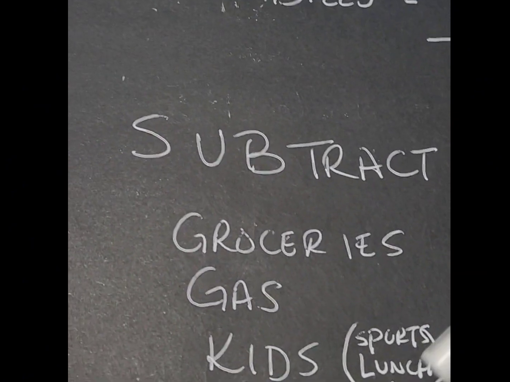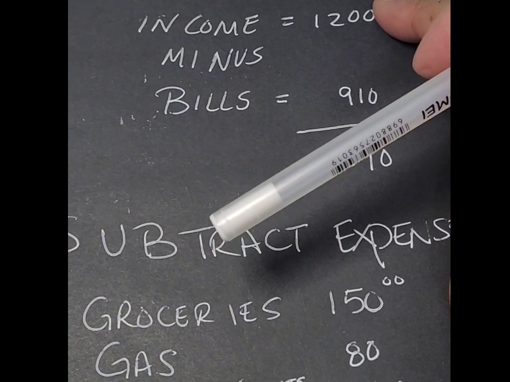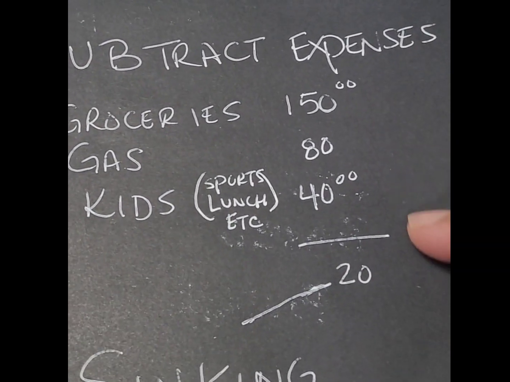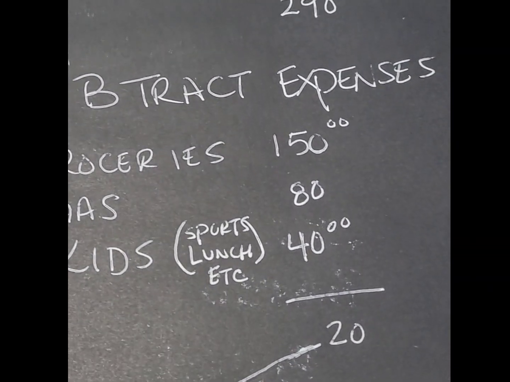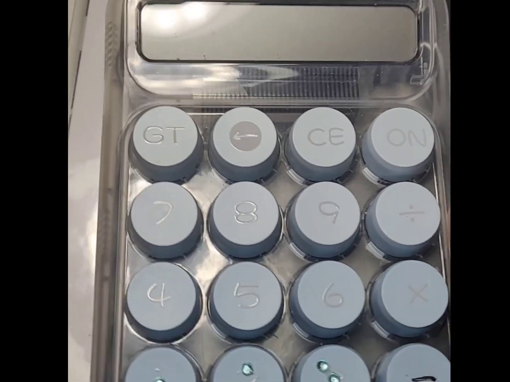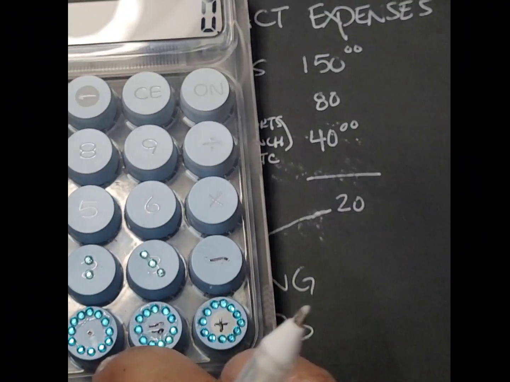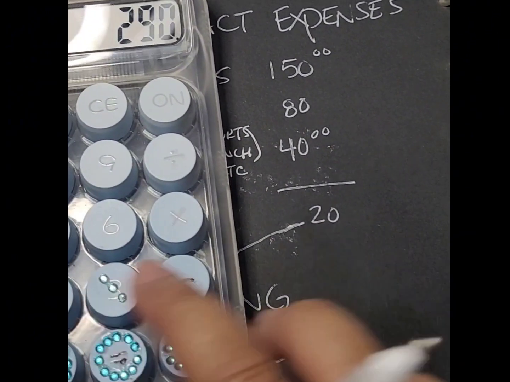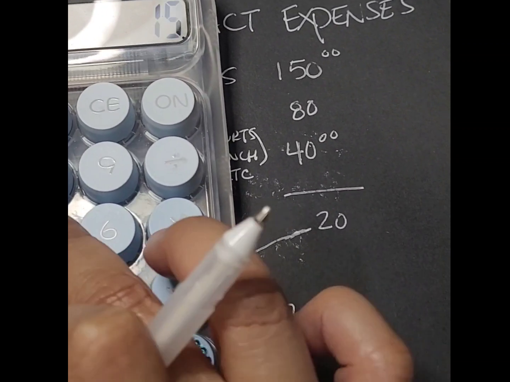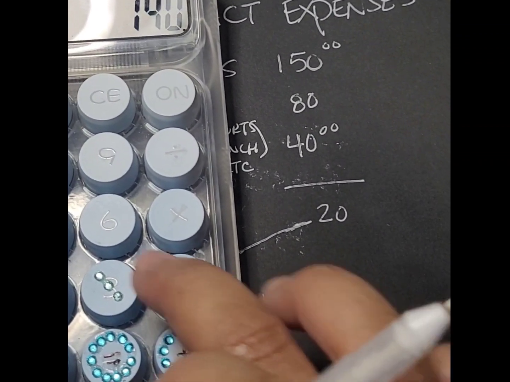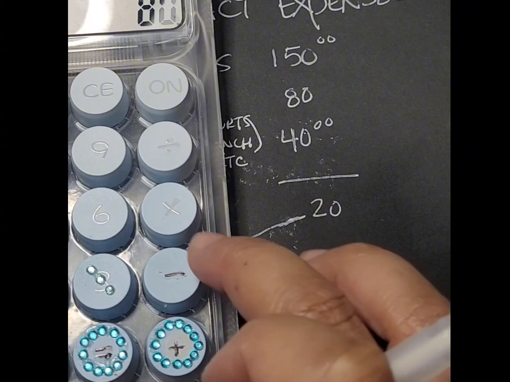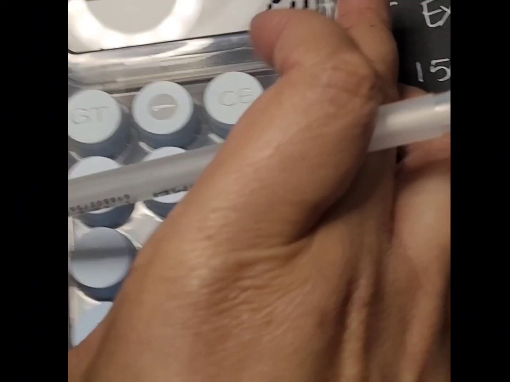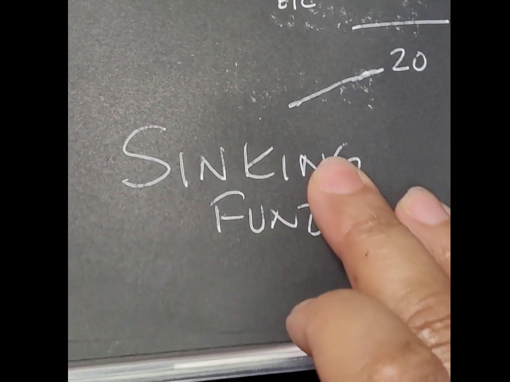Once we subtract your bills from your income, you got 290. So down here you would subtract everything from the 290. You put 290 and then you minus the 150, minus the 80, minus the 40, and that leaves you with $20 to go into your sinking funds.